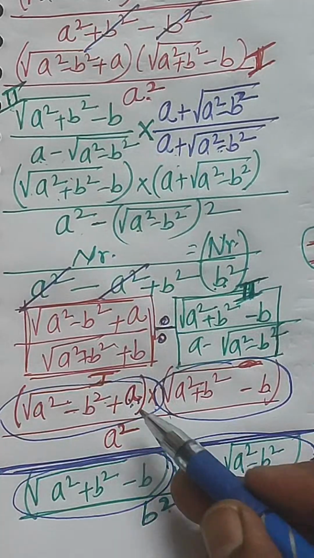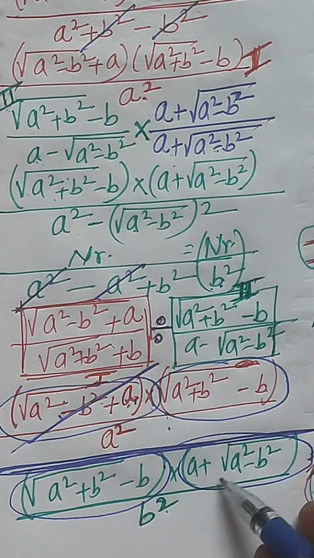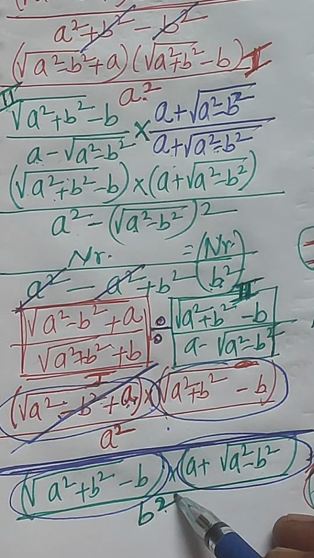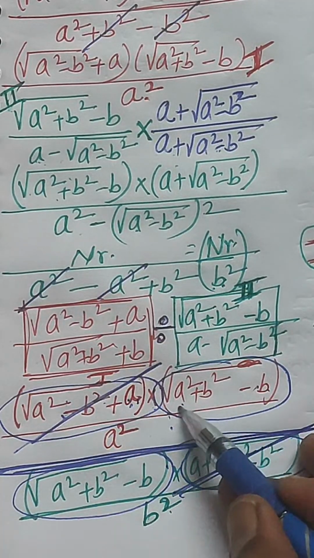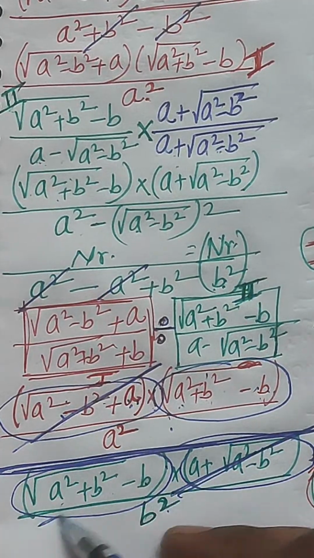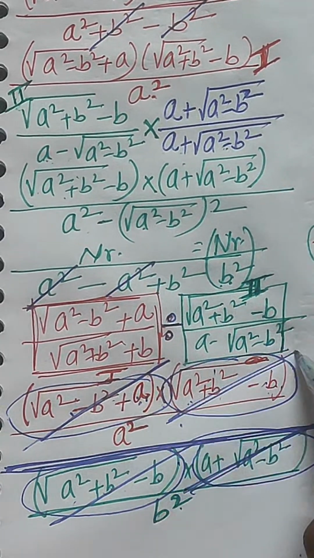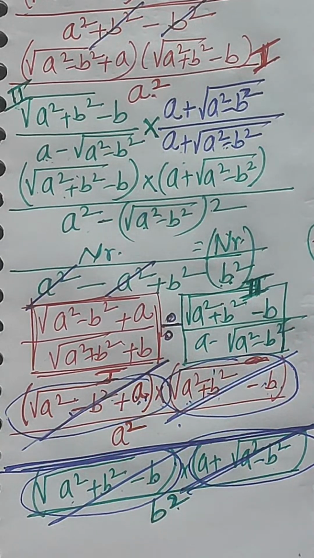So in this way, this one, root over a square minus b square plus a, will be cancelled with this one, right? And this is also the same, root over a square plus b square minus b, root over a square plus b square minus b. This is also cancelled, right? And we are left with 1 by a square divided by 1 by b square.